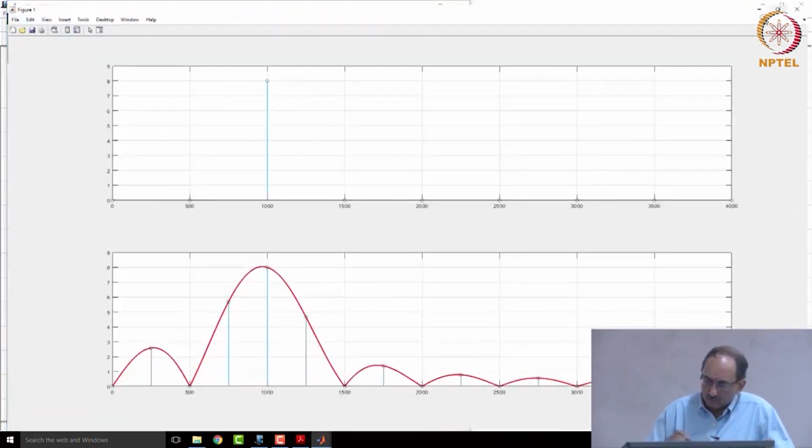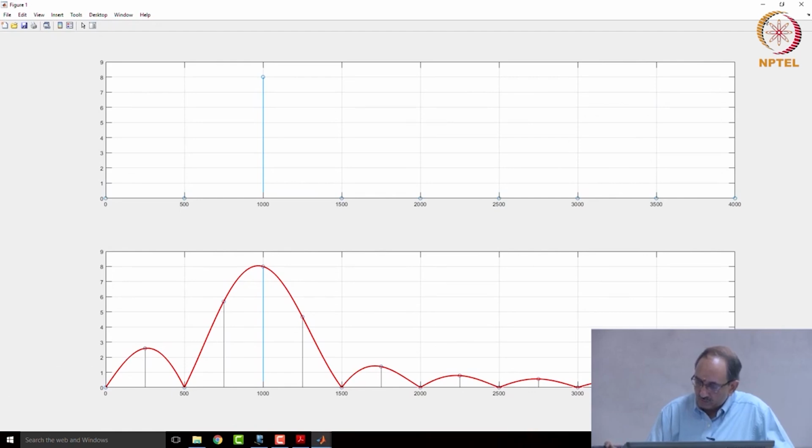And is there anything else that is worth making a note of in the DTFT, or heavily zero padded DFT, which is basically practically the DTFT? Anything else that seems interesting from this plot?